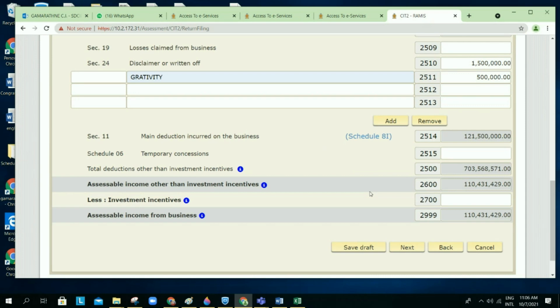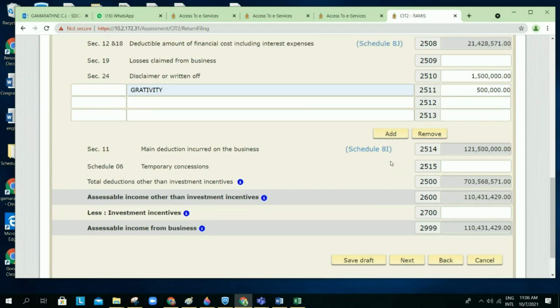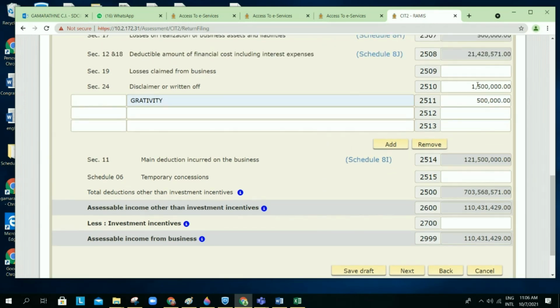And in addition to that, under section 24, any disclaimer or written-off balances you can consider here as other information, right? For example, you can see there's a written down value of 1.5 million we already considered. In addition to that, they provide the information regarding the gratuity pay, right?